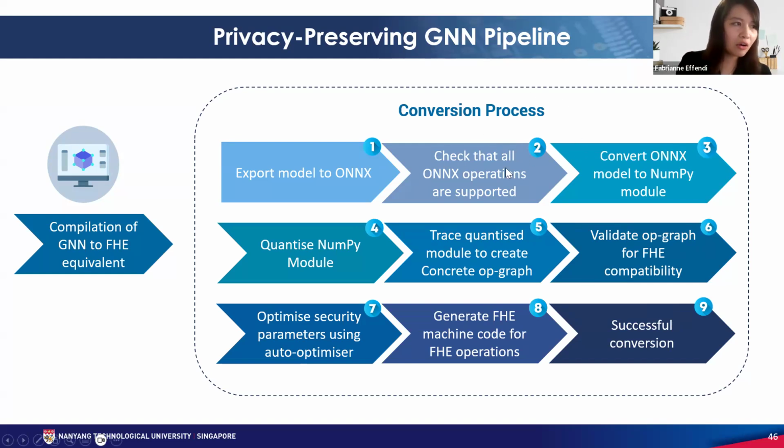After checking that all ONNX operations are supported, the next step is to convert the ONNX model to a NumPy module, quantize this NumPy module successfully, and then trace the quantized module to create a Concrete op graph. After which, I do some validation and optimization of security parameters before generating the machine code for FHE operations, resulting in the successful conversion of the GNN pipeline.